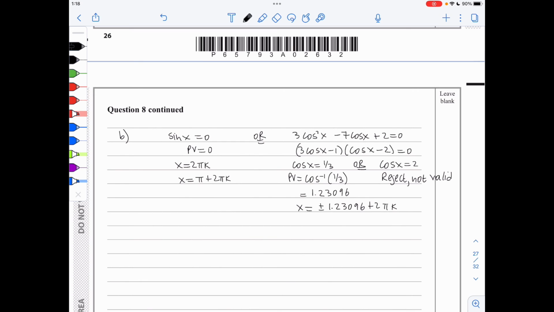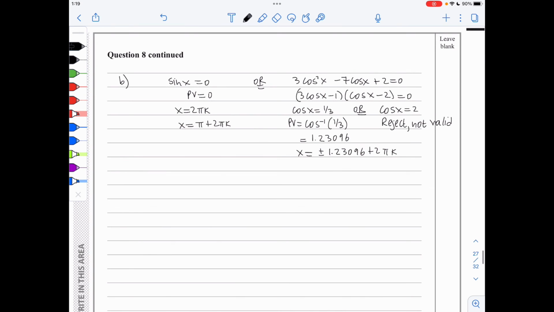Now substituting k is 0 will give me the solution of 0 from this side, and if I put k 0 here, I get plus minus 1.23. So all in all, x is minus 1.23, 0 or 1.23.